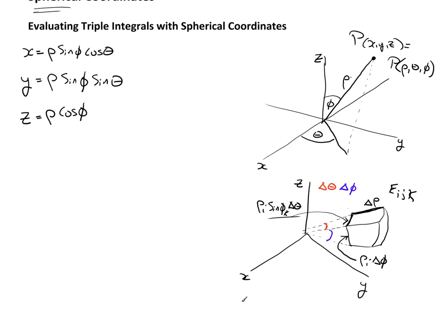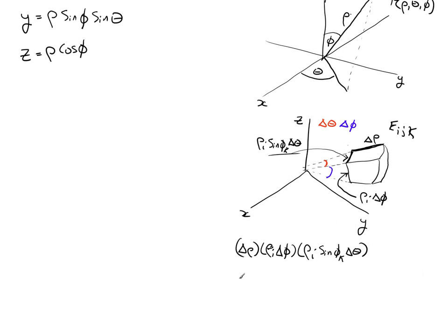So the dimensions, which I can use to calculate the approximate volume for that particular sub wedge, I can write as delta rho times rho_i delta phi times rho_i sine phi_k delta theta, which is going to be rho_i squared sine phi_k delta rho delta theta delta phi.